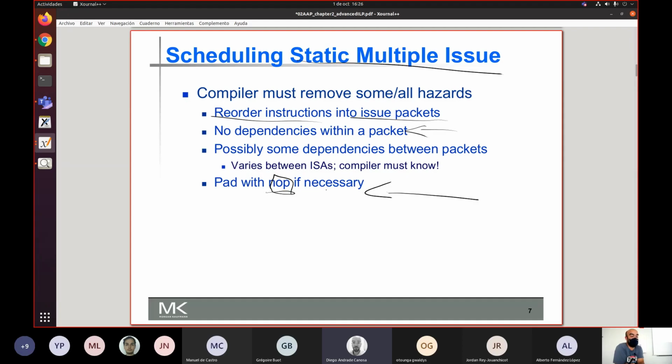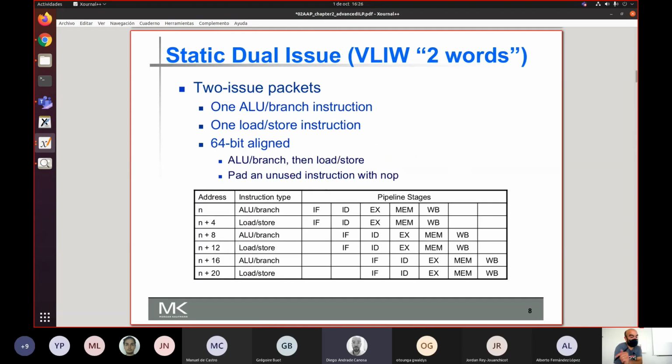Okay, so this is a very simple example of a computer that has static dual issue. This means that a very long instruction is composed of just 2 atomic instructions, okay, put together.